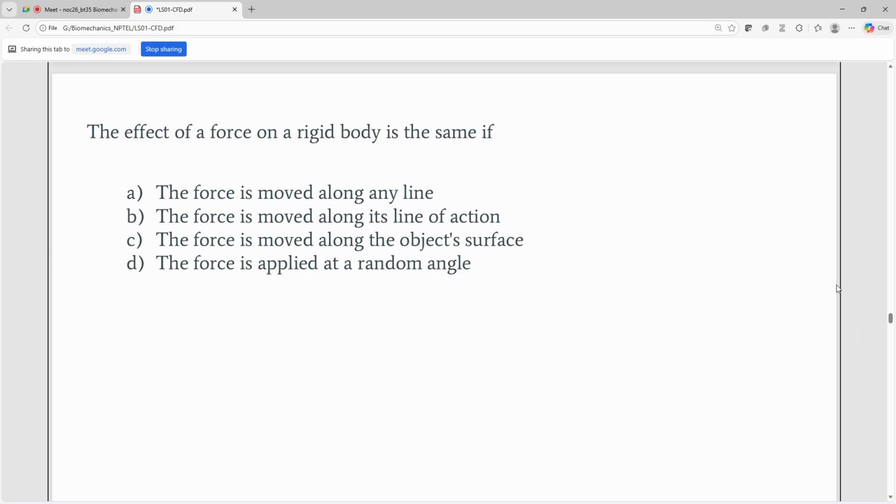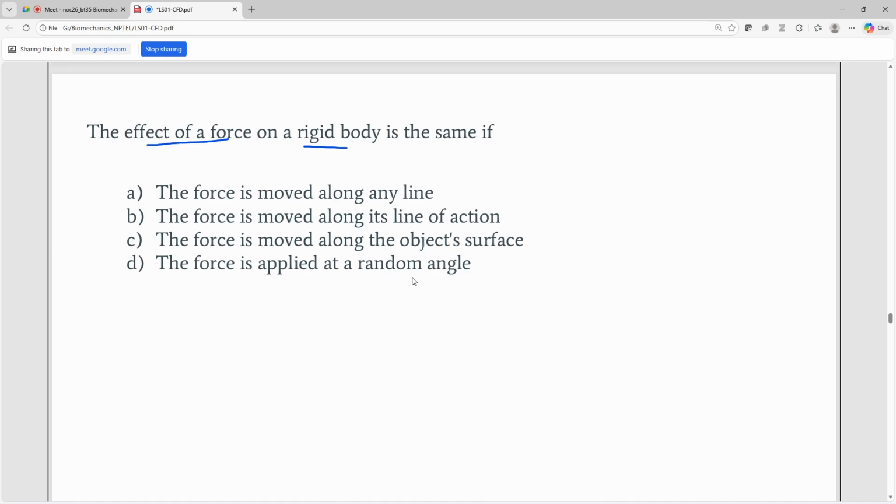Next question. The effect of force on a rigid body is the same if options are: option A, the force is moved along any line. Option B, the force is moved along its line of action. Option C, the force is moved along the object's surface. Option D, the force is applied at random angle.